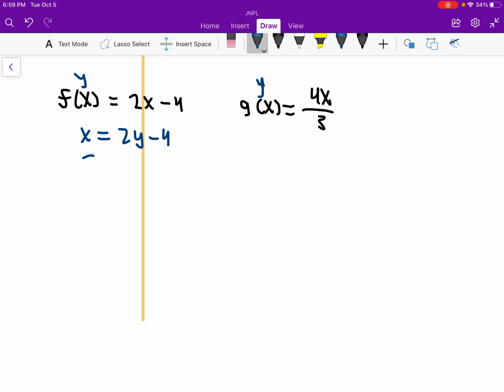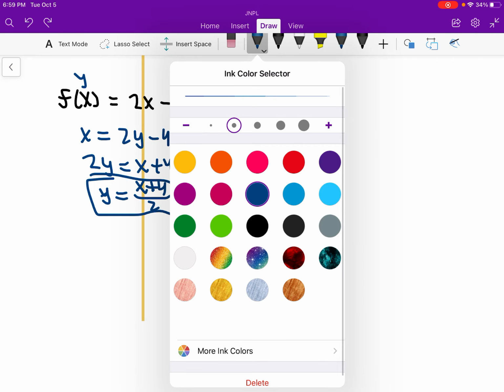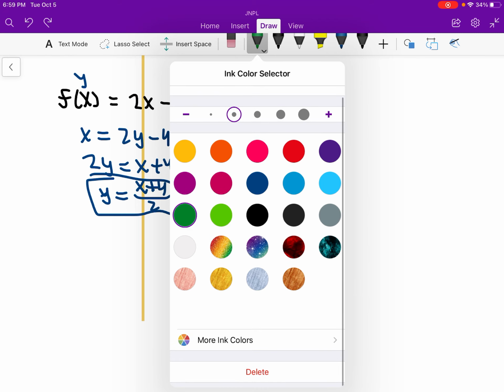And I'll show you what that would end up being. So we don't even need to do anything else because this is not the same thing as that. So we know these aren't inverses. How we can see that with the green way, I'm not going to do this time, but what you would do is f of g of x and g of f of x.